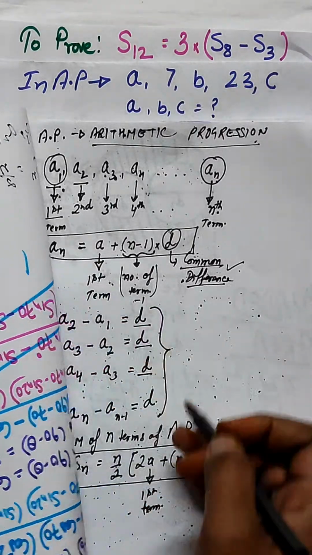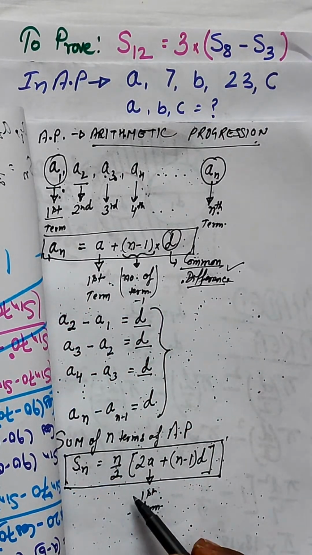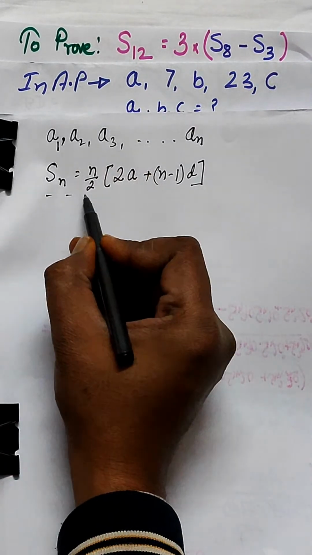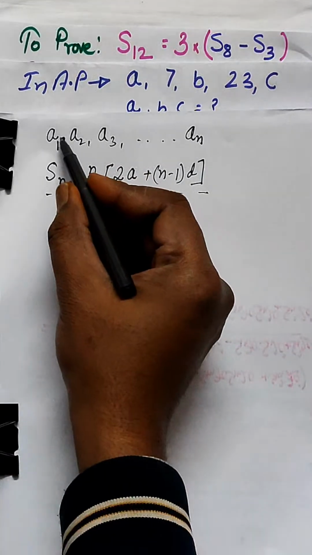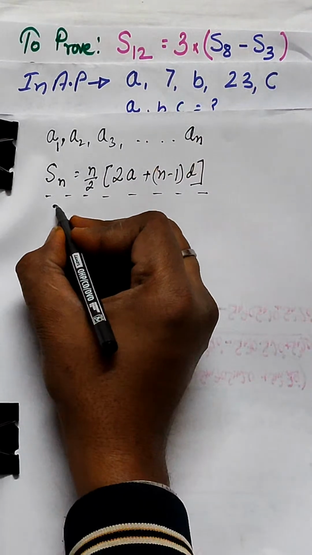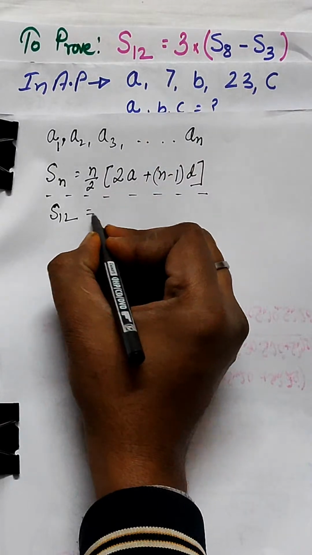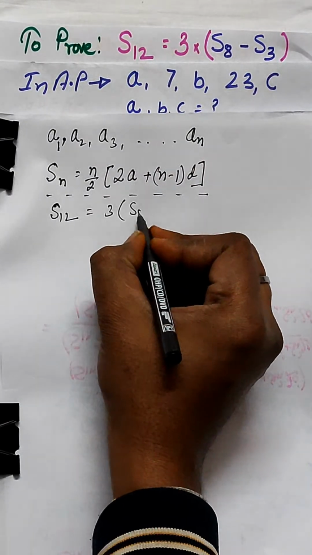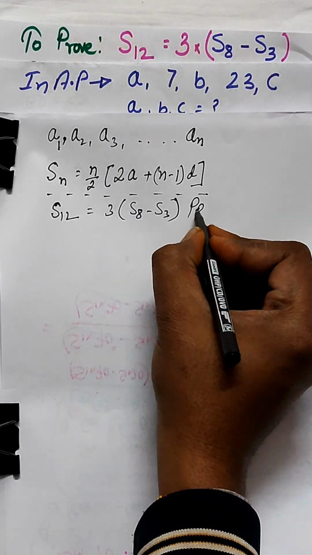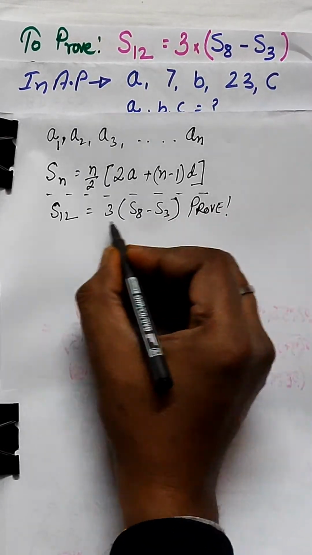You remember we have discussed this formula. So I am writing the same formula over here again. We need to prove S12 equals 3 times (S8 minus S3). This needs to be proved.